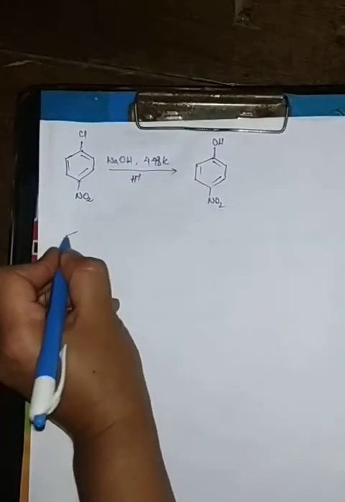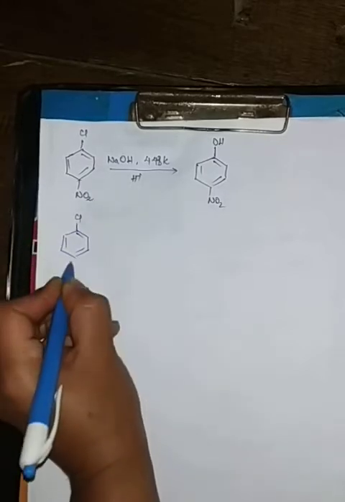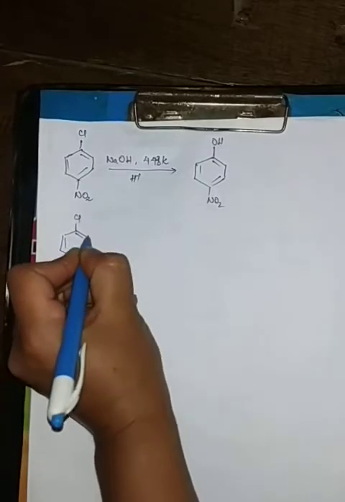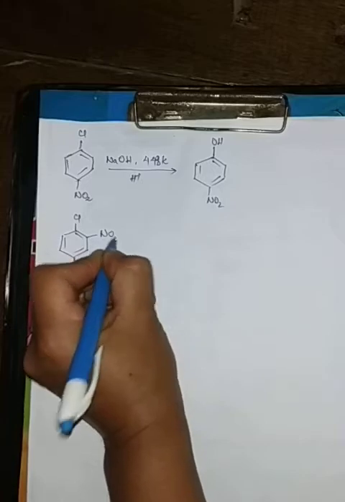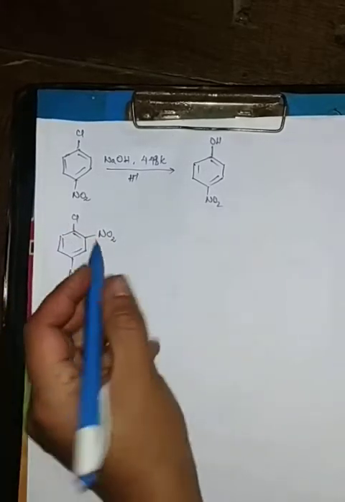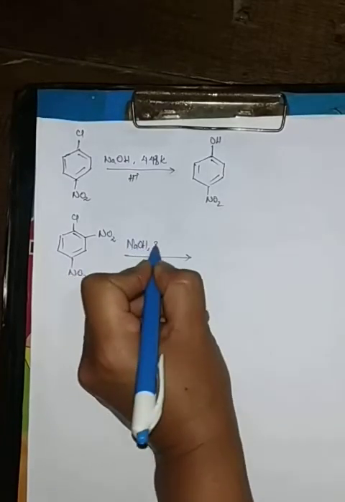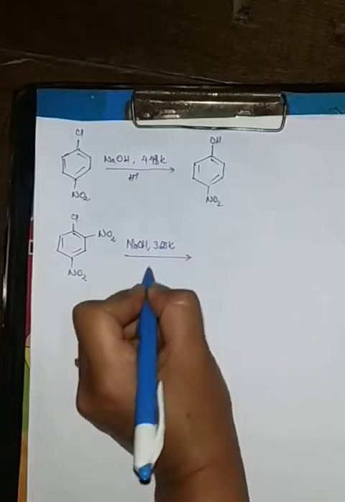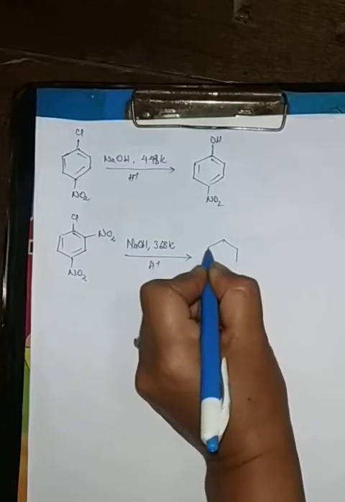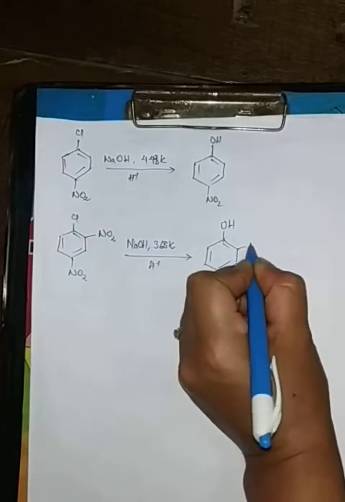Now, if more substituents are present at the ortho position as well as the para position, it will activate the halogen atom attached to the benzene ring even more. Therefore, with NaOH the reaction occurs at a lower temperature, 368 Kelvin, because it activates the benzene ring more.